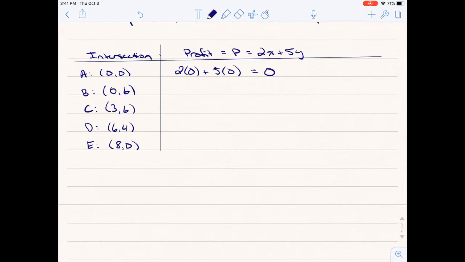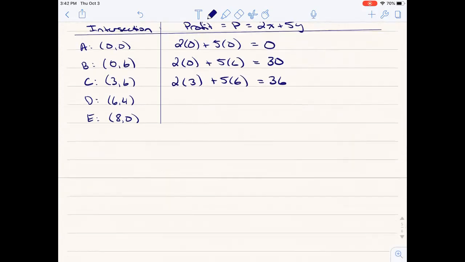No surprise there. 2 times 0 plus 5 times 6 is 0 plus 30, which is 30. 2 times 3 plus 5 times 6 is 36. 2 times 6 plus 5 times 4 is 32.